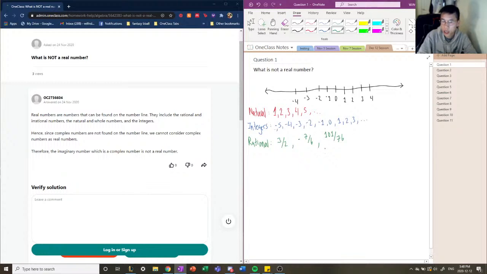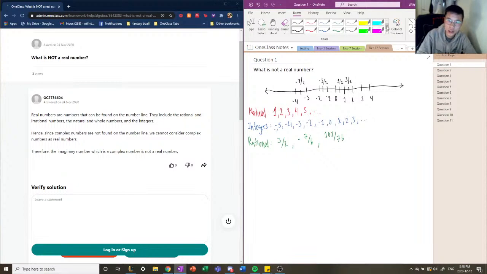These are our rational numbers, and they exist in between each of these ticks. Half would be here, 3/2 would be here, -3/2 would be here, 7/2 would be here.